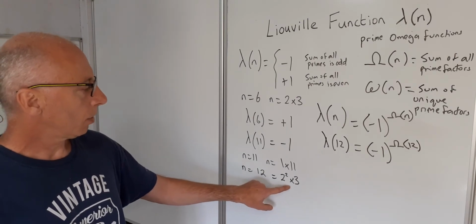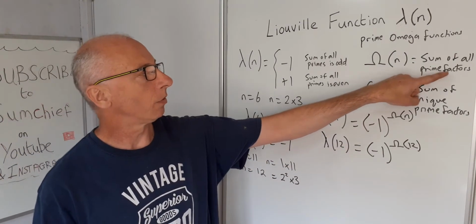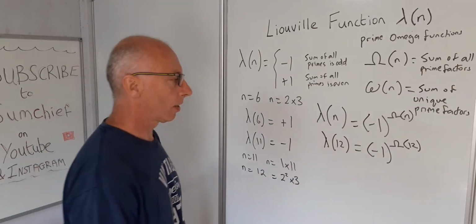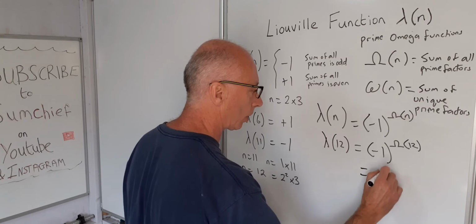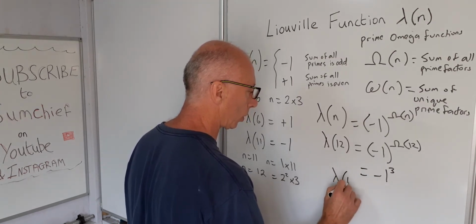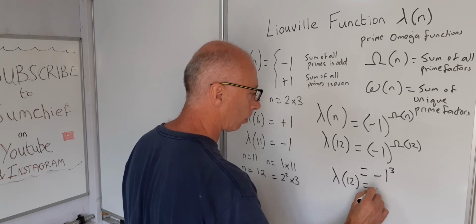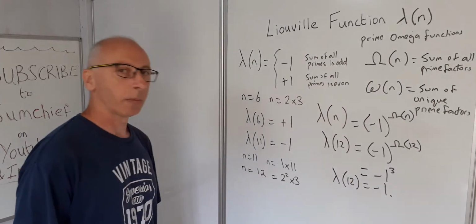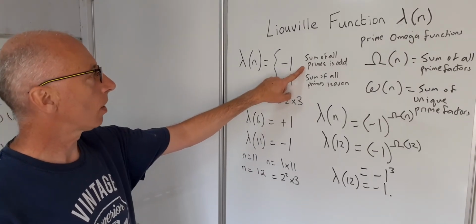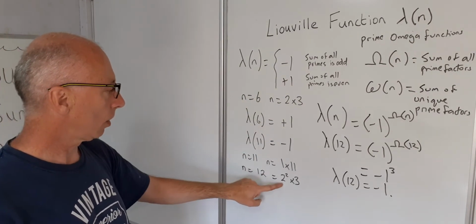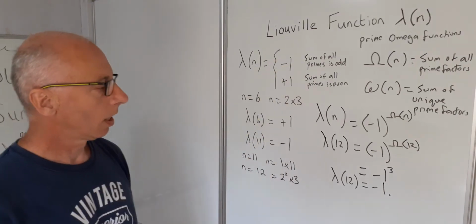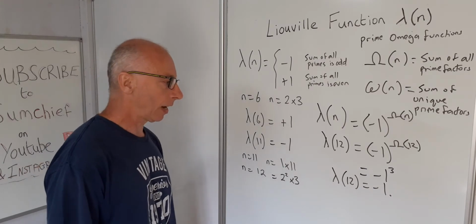So 2 times 2 times 3, the sum of all the prime factors, there's 3 there, so that will then equal minus 1 cubed, so therefore the Liouville function for 12 is equal to minus 1. So basically the number of primes is odd for 12. So 2 times 3 times 2, it's 3 there, odd number. Okay, that takes care of that one.